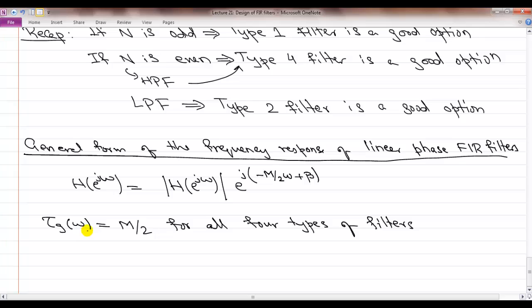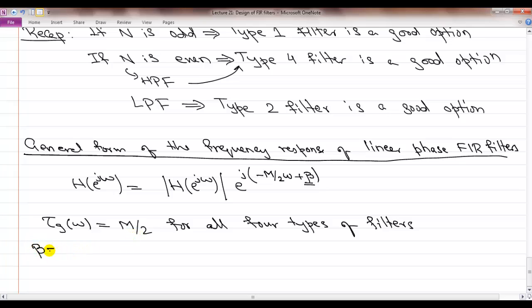Now, what determines whether you have type 1 and 2 or type 3 and 4 is your beta. If I do even or odd length, you are already left with either type 1 or type 3, and type 2 or type 4. But can I, instead of looking at the impulse response, look at the phase response? And the answer is yes.